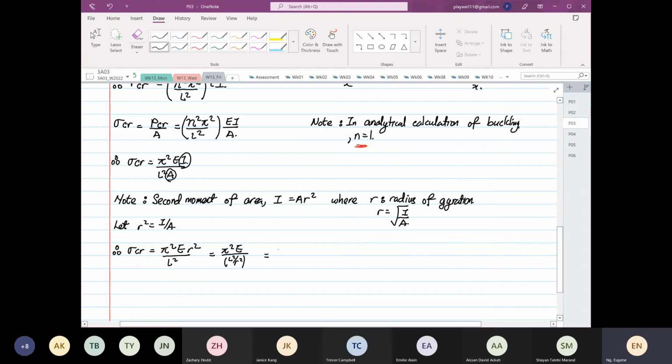Then you will see a lot of times textbooks do this: L over r squared.